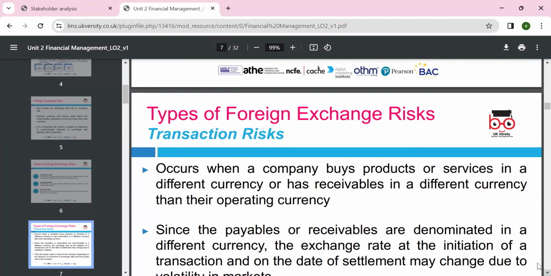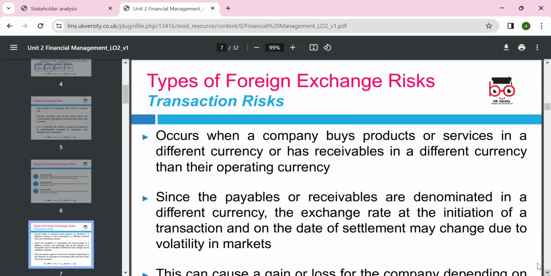Foreign currency transaction risk occurs when the company buys products in different countries, with payables or receivables denominated in different currencies. The exchange rate at the date of the transaction may differ from the date of settlement, or may change due to volatility in the market.